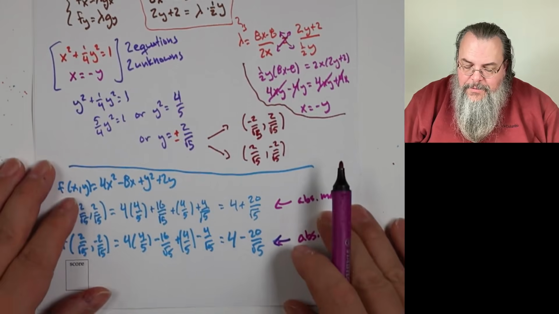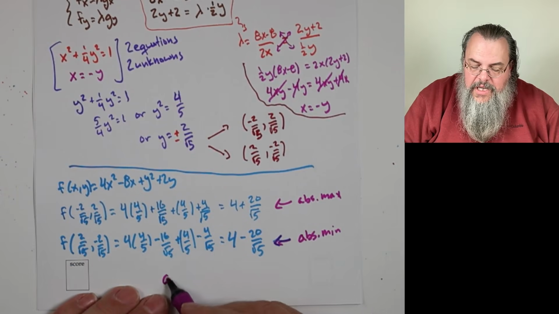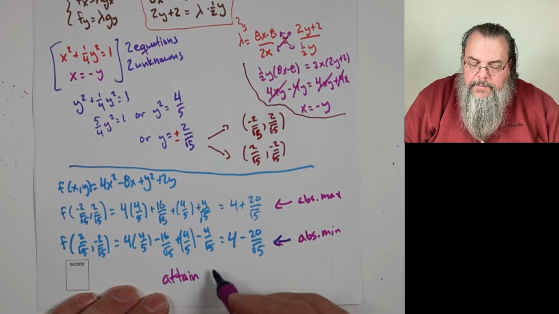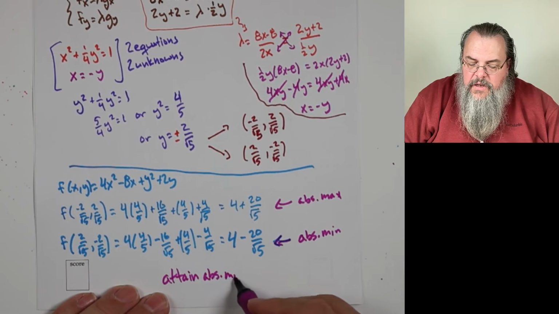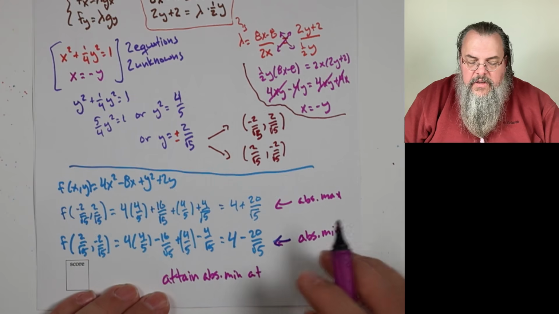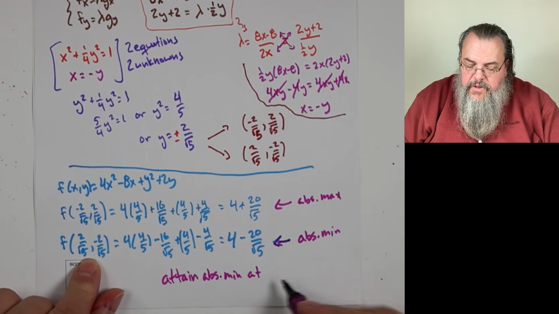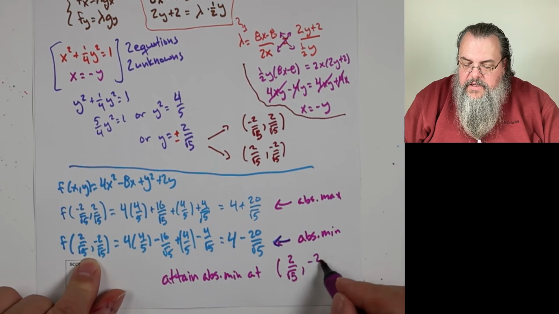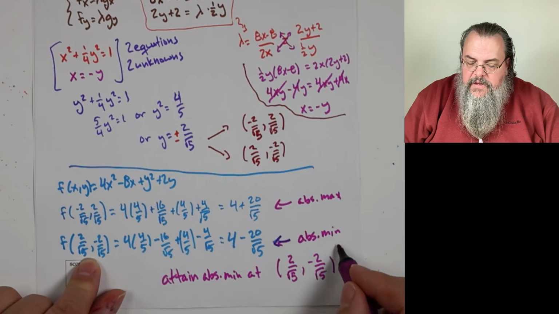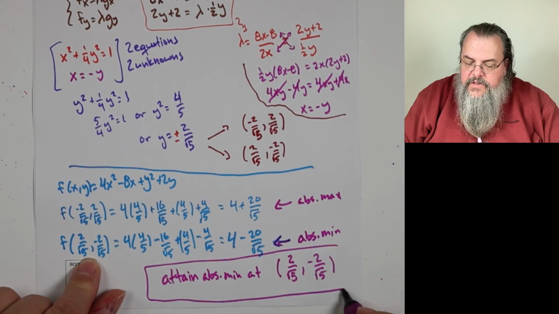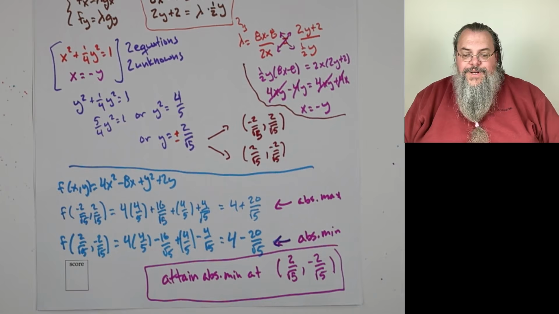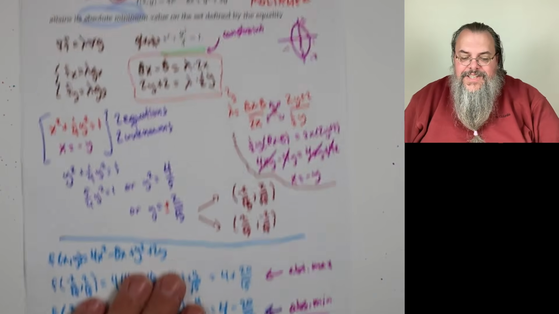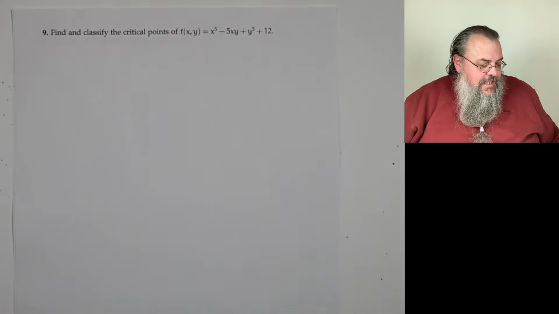So we would finally say we attain the absolute min at, and that's this point, 2 over root 5, comma, negative 2 over root 5. And there's the answer. Whew, nice. All right, let's keep going.